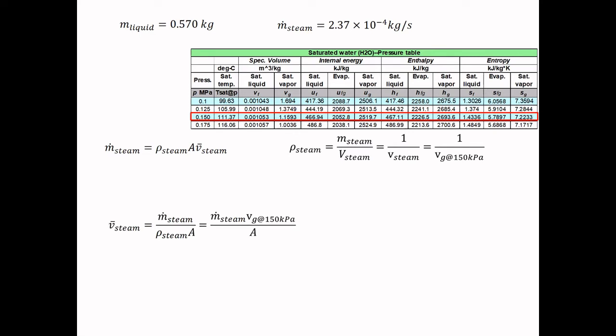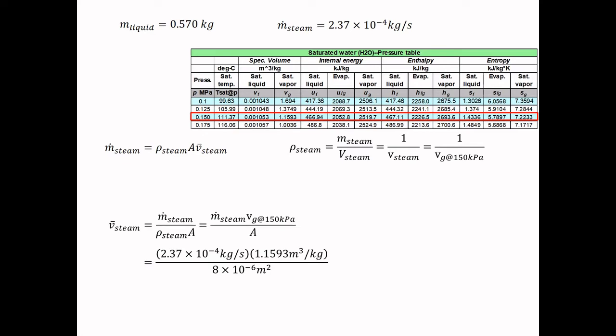Just rearrange the equation of mass flow rate of the steam. So you get the formula for the average velocity of the steam, V steam bar, equal to m steam dot divided by rho multiplied by A, equal to m steam dot multiplied by Vg at 150 kilopascal divided by A. From the Vg at 150 kilopascal value that I obtained from the table, substitute into the equation for V bar steam.